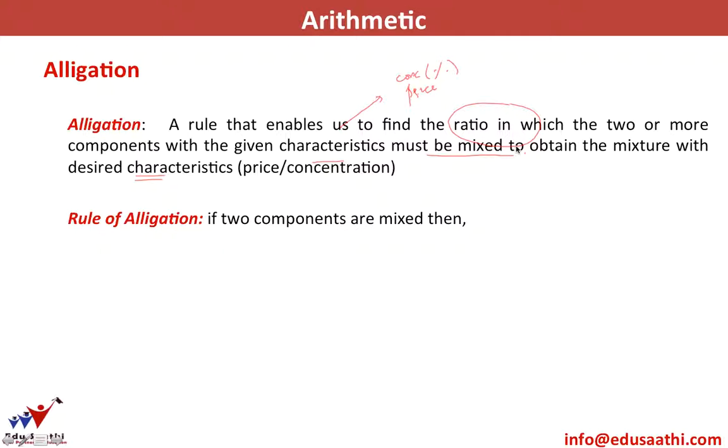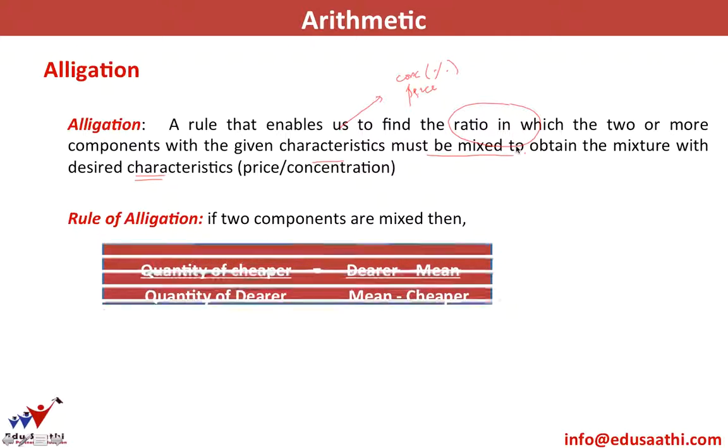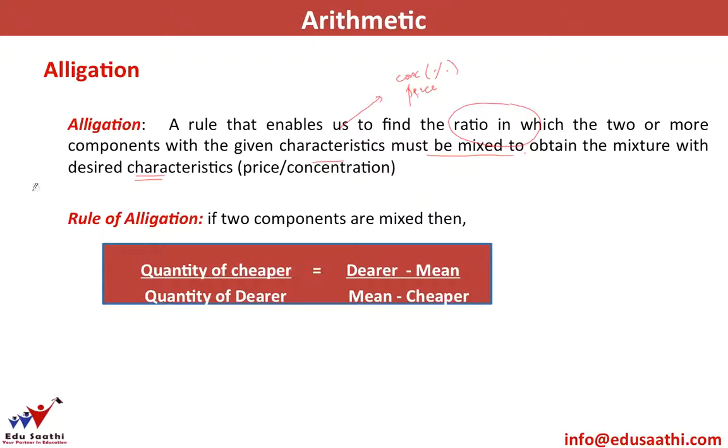The rule of alligation is, if two components are mixed, then the quantity of cheaper over the quantity of dearer. Now this cheaper could be in terms of price, could be in terms of concentration.